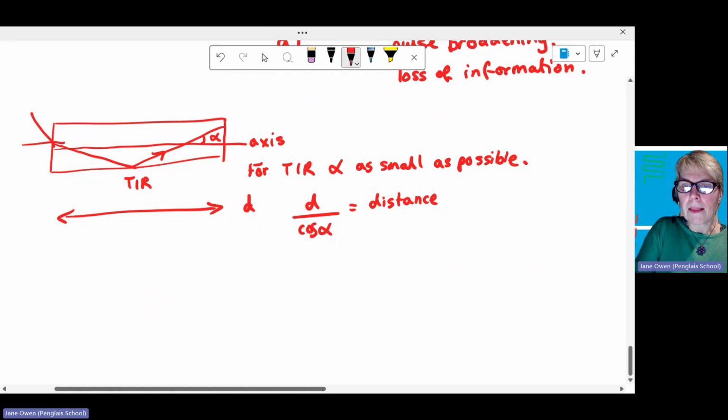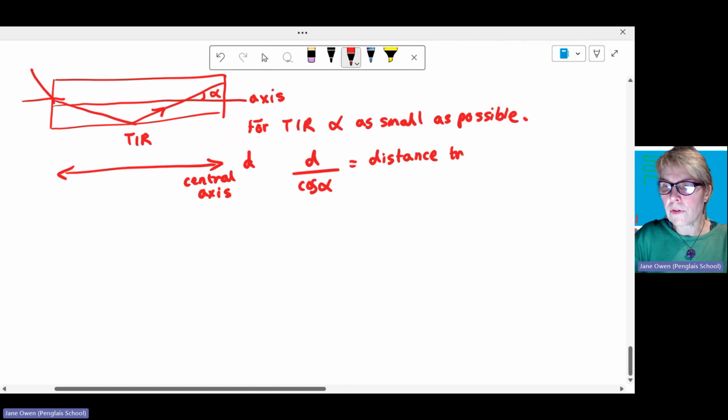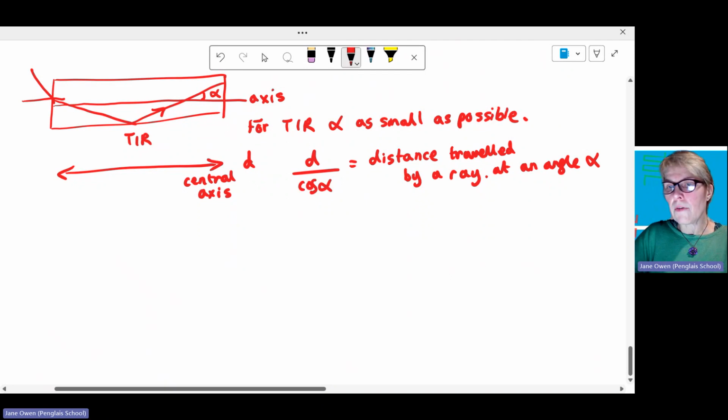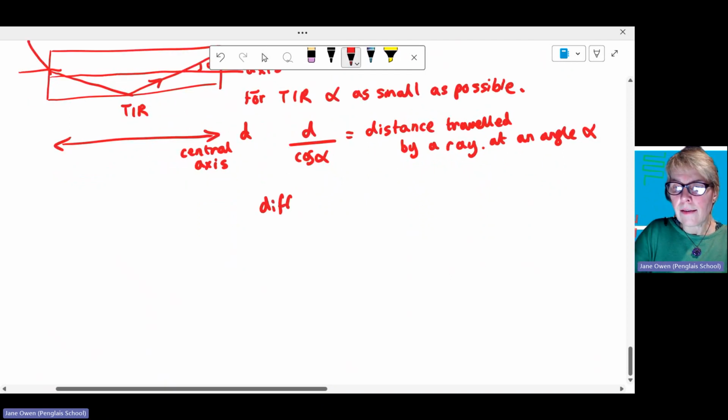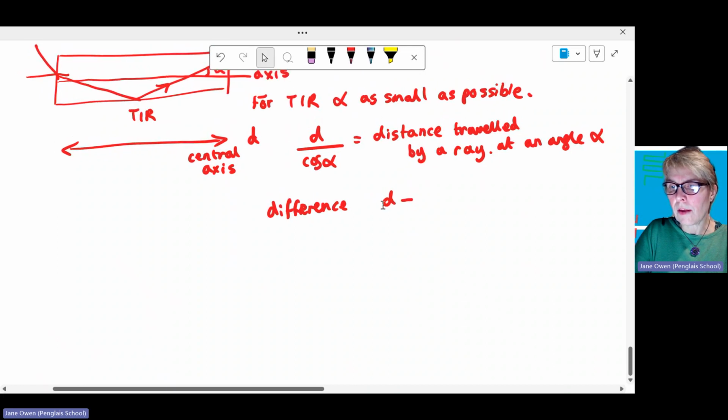So d is the central axis part, whereas d over cos alpha equals the distance traveled by a ray going along at an angle alpha.